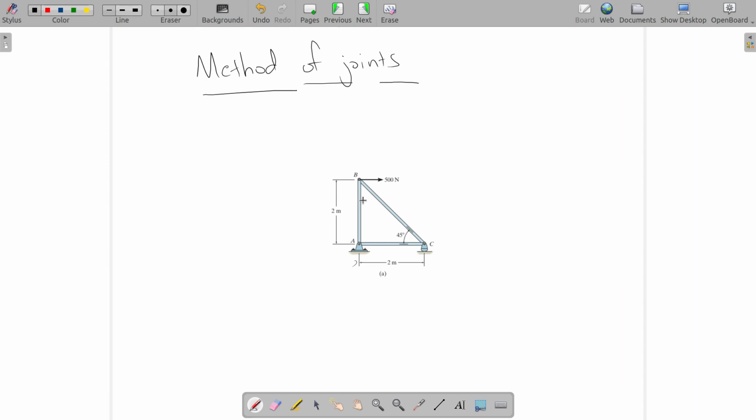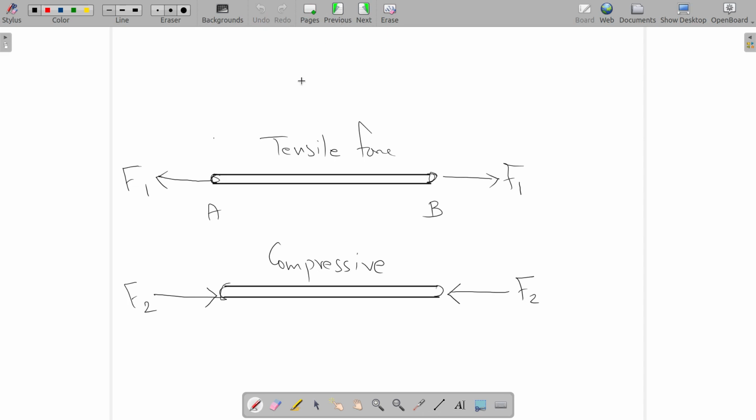So let's take out each joint. Let's take out this joint B. You have an external force of 500 Newton here, and you have two other members which are connected to this joint, and I've already told you that a member can have only tensile or compressive forces.